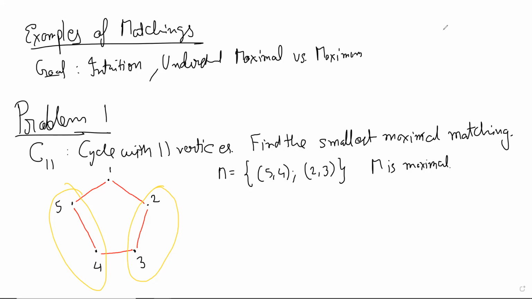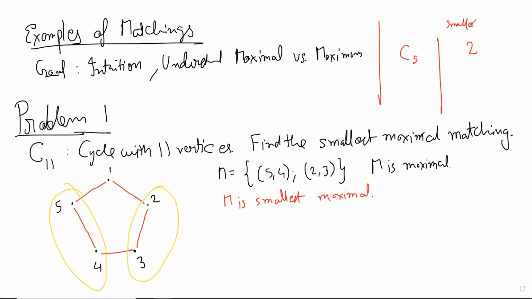Right. So that's a very simple observation. That's good. So M is the smallest maximal. So for the case of 5, the answer is 2.